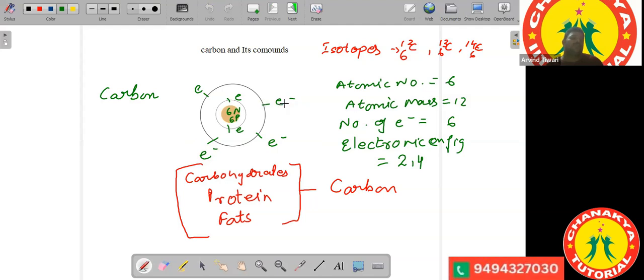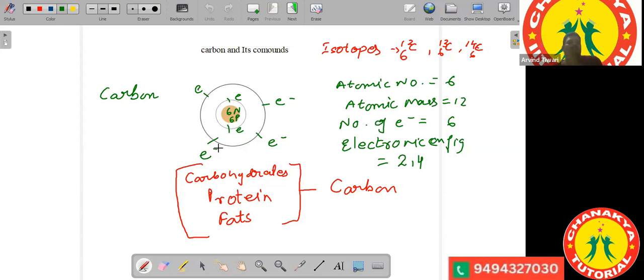Removing the next one requires more energy, and the third still more, as the force of attraction between the nucleus and the electrons increases.